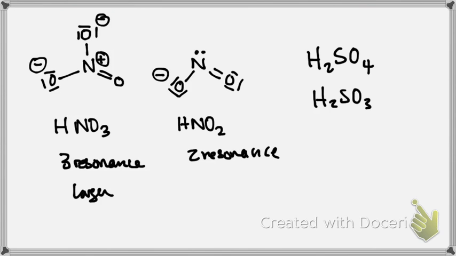It's got more oxygens, bigger surface area, more resonance structures. Yeah, you can count to 4. We found the trick. So 4 resonance structures versus 3, larger, better charge distribution, stronger acid. Okay?